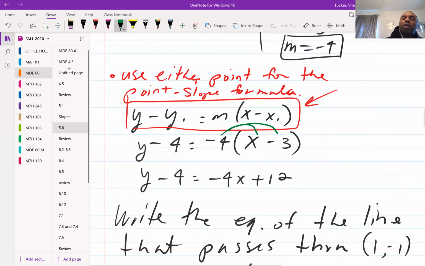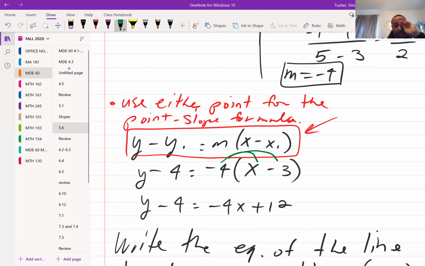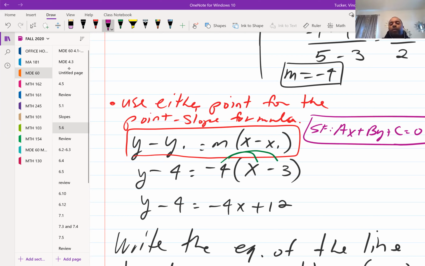All right. So also make sure you pay attention to the directions. It may ask you to write it in standard form. I'll write this over here. Standard form is Ax plus By equal to C. No, that's the general form, sorry.